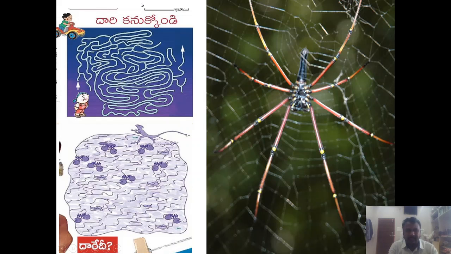On the left side photograph, we can find the way if we think logically. On the right side you can see the web of a spider, a giant wood spider from Malvales. You can see the link from one strand to another strand. So if you follow this strand-like system, that means one character to another character, it is very easy to understand the Bentham and Hooker system of classification.